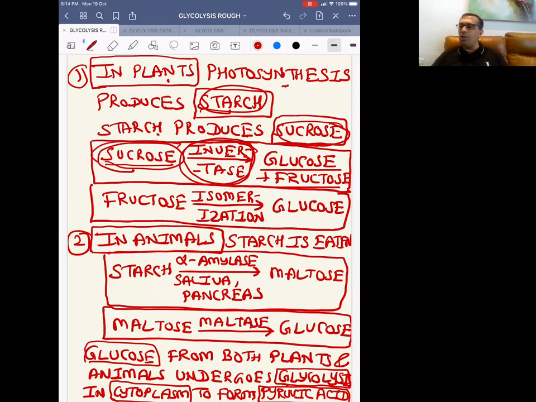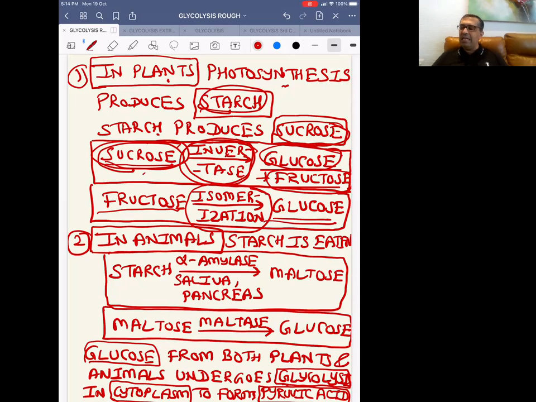So what does sucrose break down to form? Glucose and fructose, of which fructose undergoes a process called isomerization to form glucose.